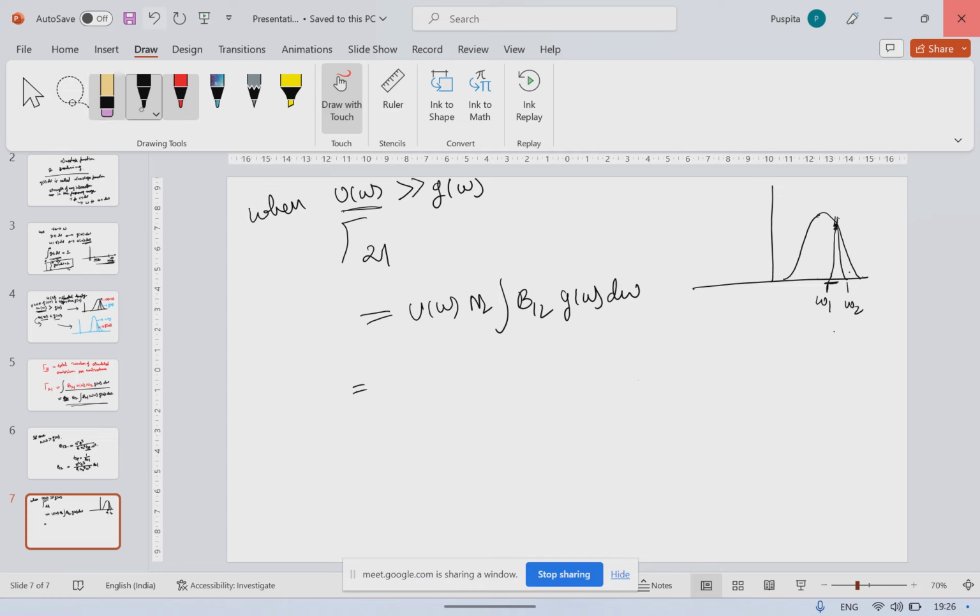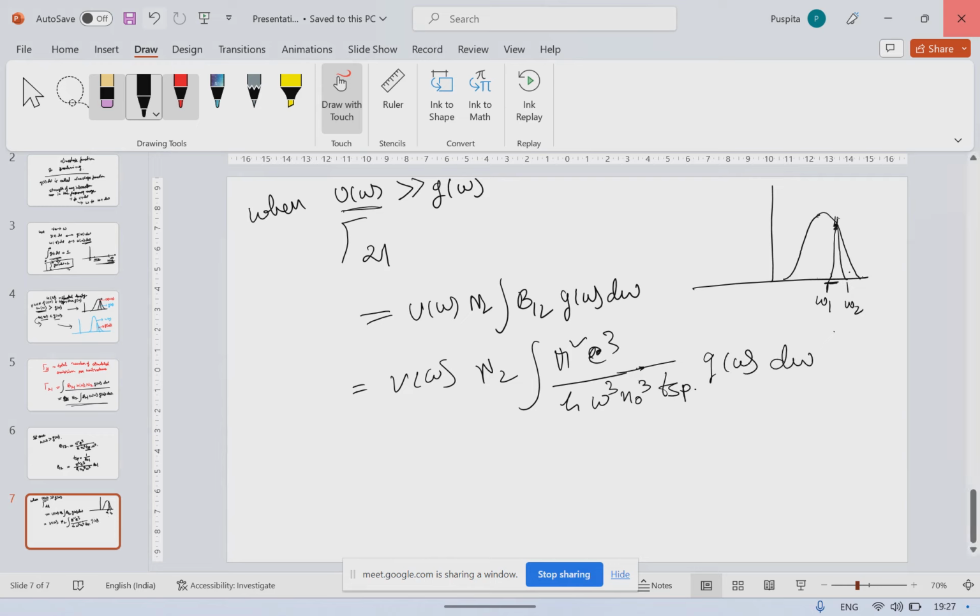Solution 2. Okay. Yeah. N2 pi square c cube h omega cube n naught cube TSP or A21, whatever you want to write, like this, and U omega N2 pi square c cube h n naught cube TSP.